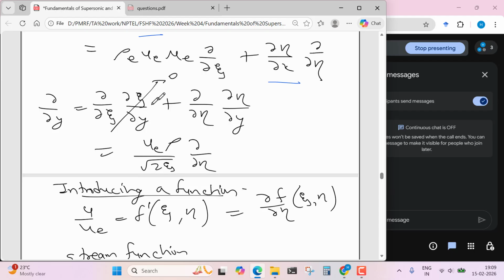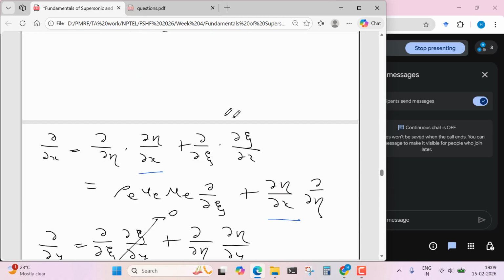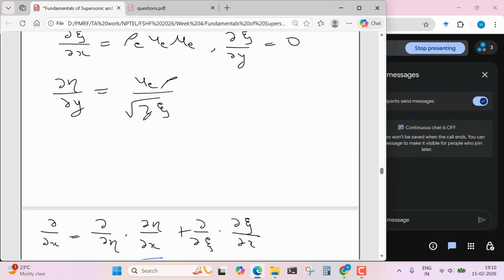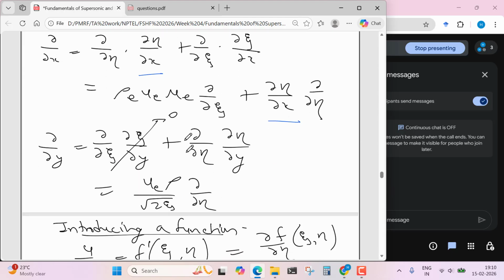And this ξ is a function of x only, so this term will be 0. And ∂η/∂y is what? ue ρ upon √(2ξ), times ∂/∂η.